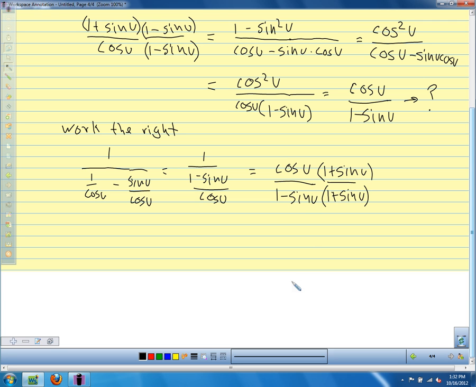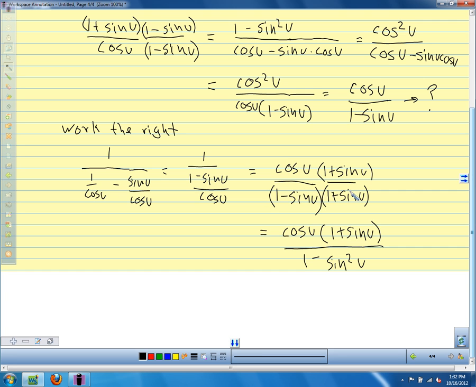So when I multiply this out, I get cosine u times 1 plus sine u over, and when I FOIL this out, I end up with 1 minus sine squared u.